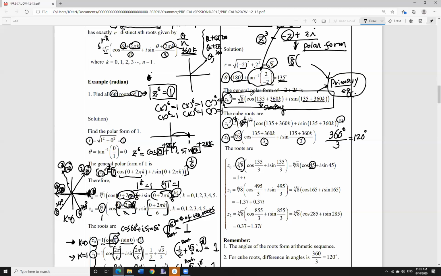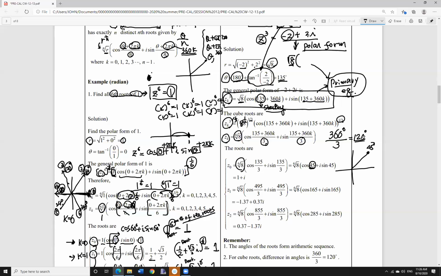Okay? But when you take the nth root, this is the original starting angle, and when you divide by 3 the starting angle is 45 degrees. Okay, we start at 45. The next one will be what? 120 away.